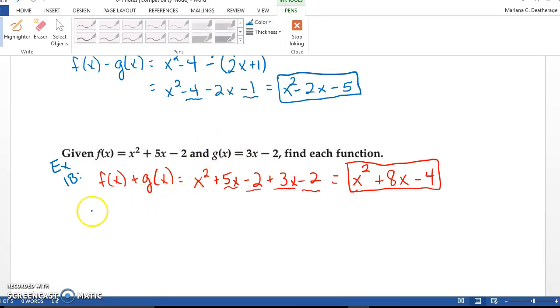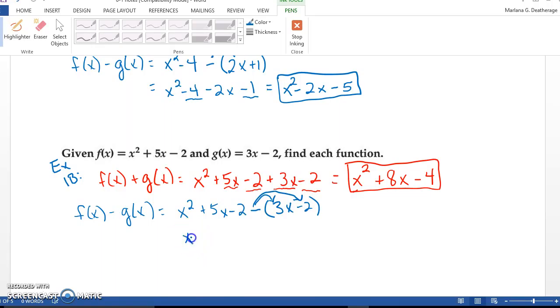So now we're going to do f of x minus g of x. So we have x squared plus 5x minus 2 minus 3x minus 2. So again, we've got to distribute that negative.